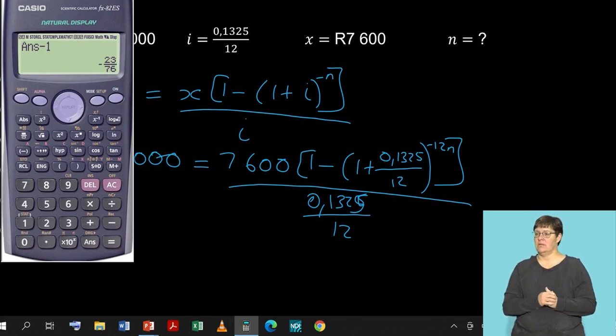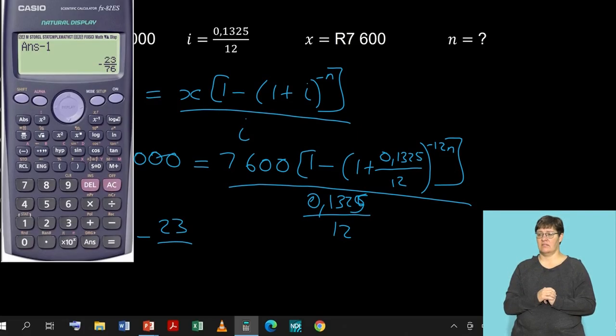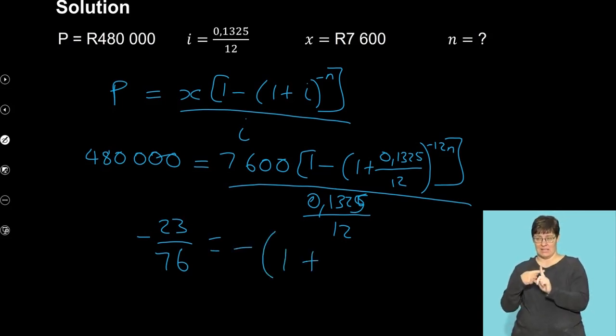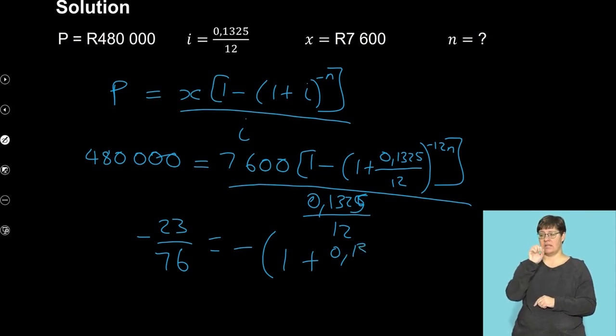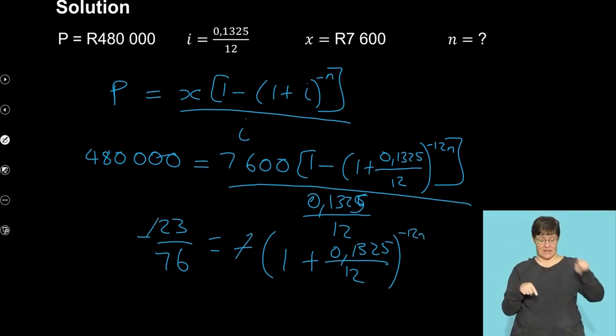So now it means I actually have negative 23 over 76. 23 over 76 is equal to negative 1 plus 0.1325 over 12 to the exponent of minus 12n. And then the negative and the negative, you know that I can divide both sides by it, right?